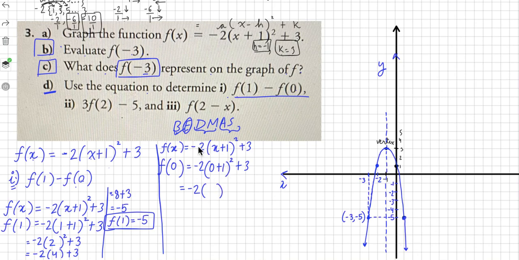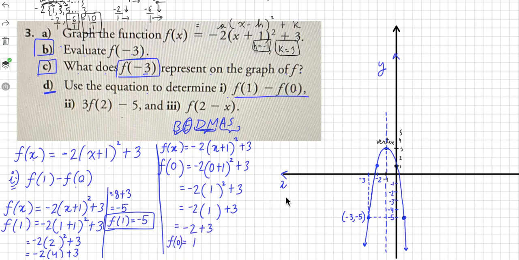Solving the brackets, 0 plus 1 is 1. Square on that, plus 3. Solving the exponent, 1 squared is 1, plus 3. Multiplying first, negative 2 times 1 is negative 2, then plus 3. Negative 2 plus 3 is just 1, so this is f of 0.